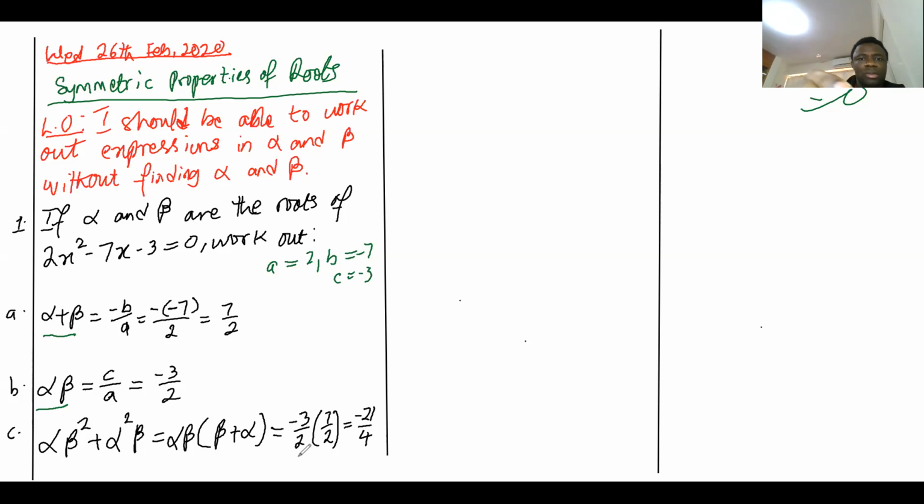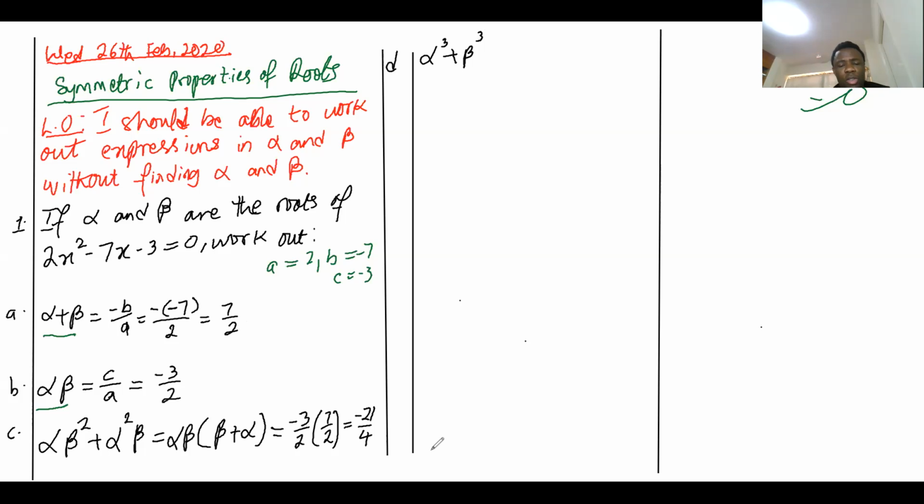Okay? So D. Those of you that made attempts, you can always check with what you have done as I move on. D is alpha cube plus beta cube. How do we do this? You go back to our relation 4.